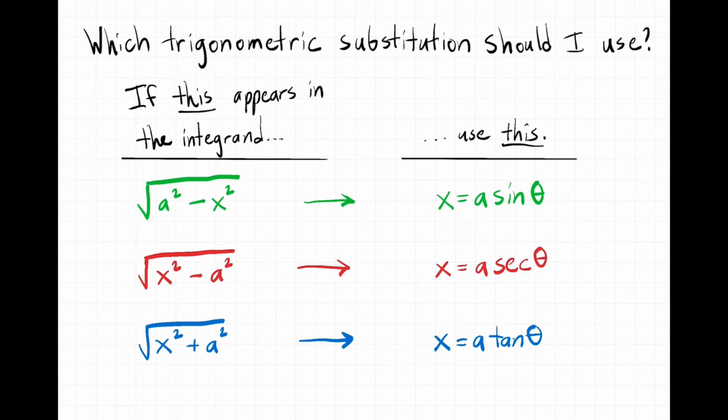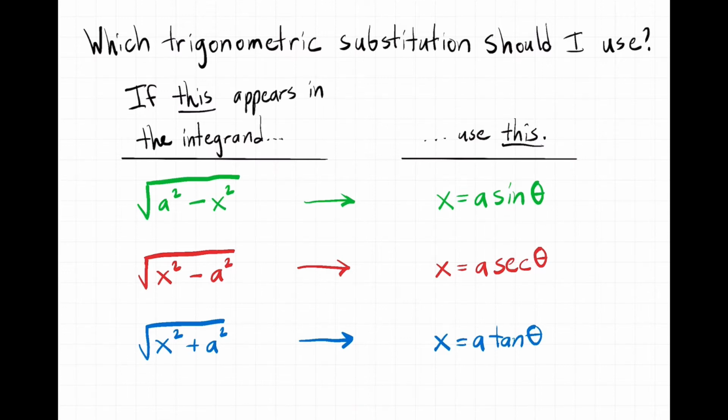If the number is a squared, then a is the square root of that. If your radical has x squared minus some other number squared, you'll want to use x equals a secant theta. And if your radical involves an x squared plus a squared, you'll want to use x equals a tangent theta.